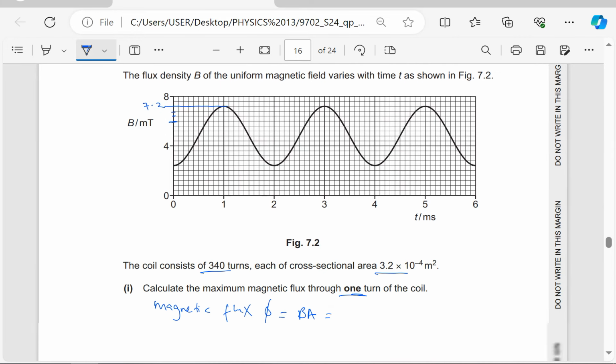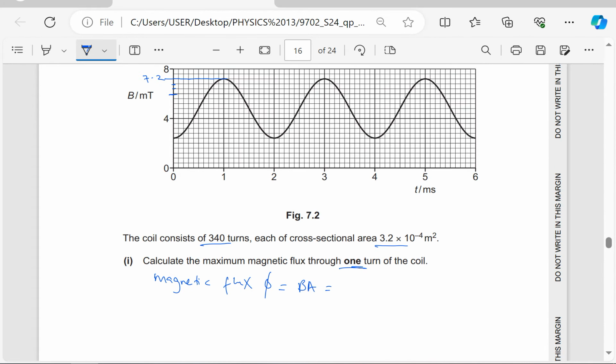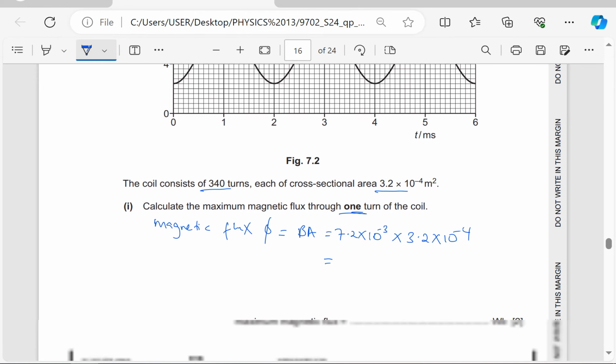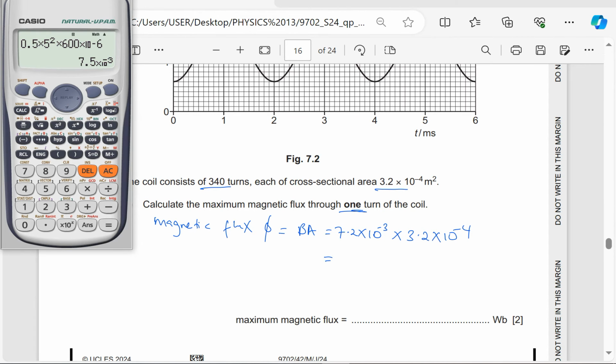So the maximum value of B is 7.2. So it is 7.2 times 10 to the power of minus 3, times the area, which is 3.2 times 10 to the power of minus 4. Okay, I'll press my calculator. 7.2 exponent minus 3, 3.2 exponent minus 4. So this is 2.3 times 10 to the power of minus 6.